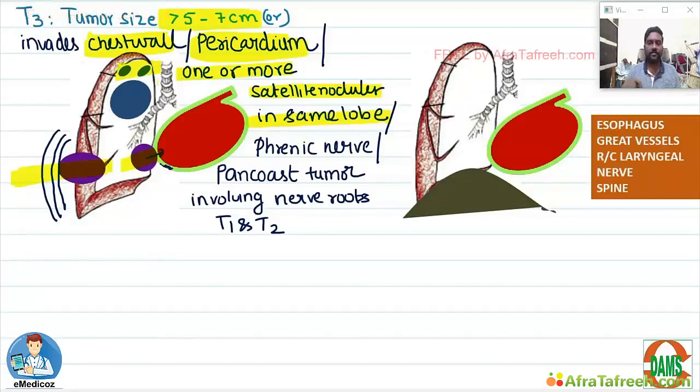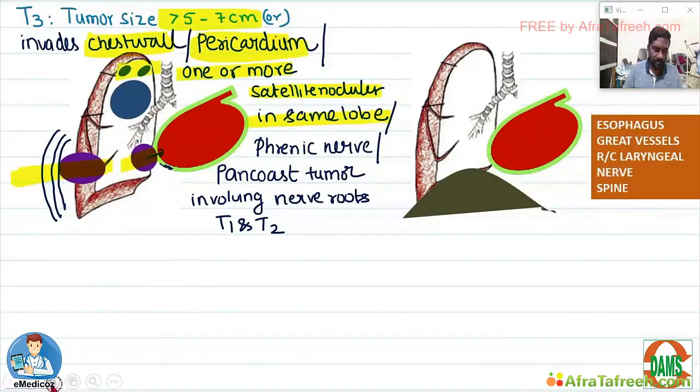It will not be more than 7 centimeters, or it is a tumor that invades the chest wall. Pericardium involvement, satellite nodules in the same lobe, or the phrenic nerve, or a Pancoast tumor of the lung apex that can involve nerve roots T1 and T2.